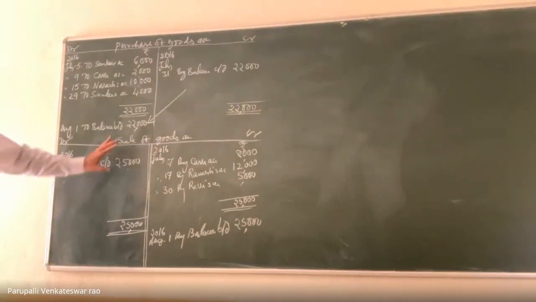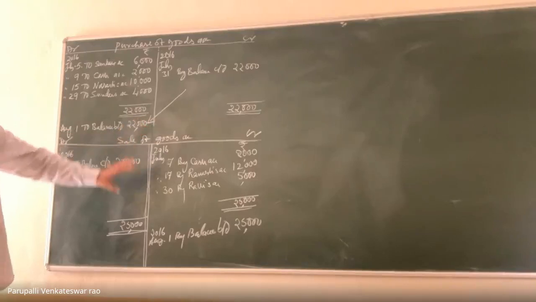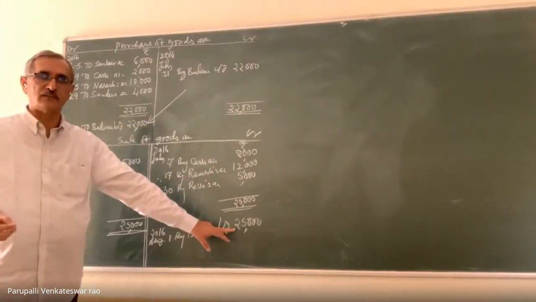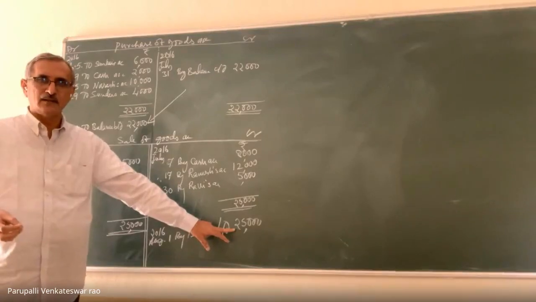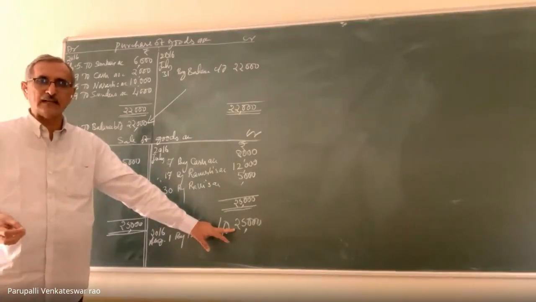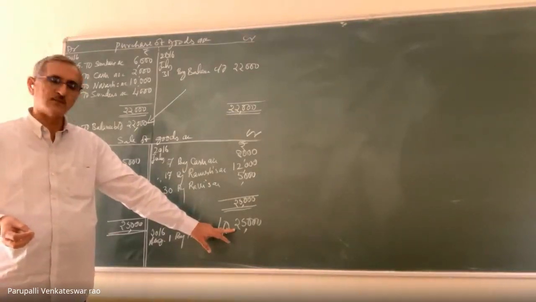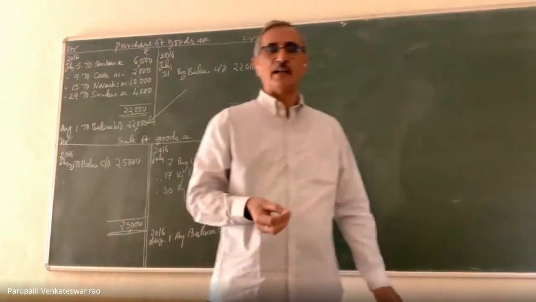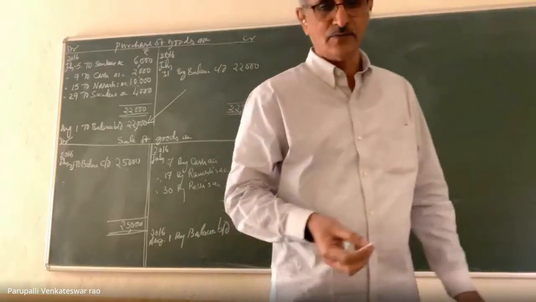That's it. So sale of goods account is now showing a credit balance of rupees 25,000. Why credit balance? The credit side of the sale of goods account is more, hence it is a credit balance. Yesterday I told you plus 40 minus 20, how to derive the value like that.